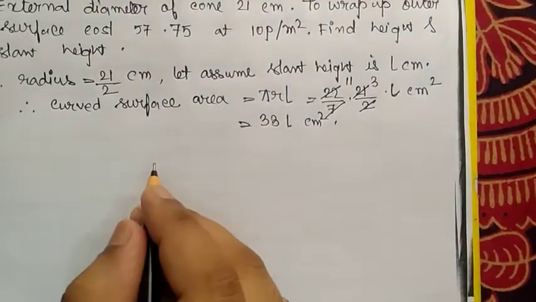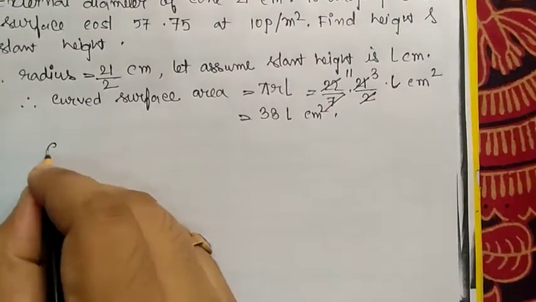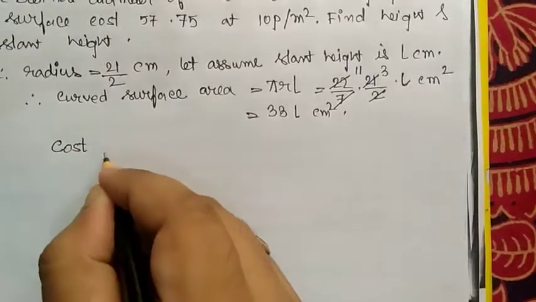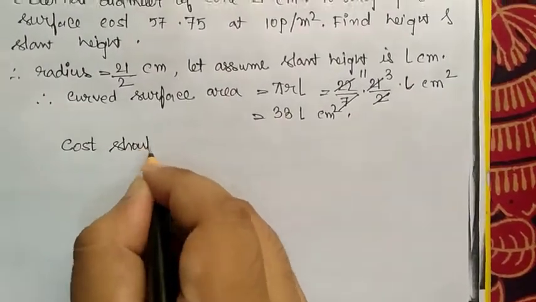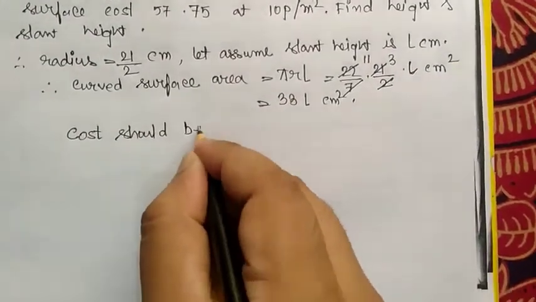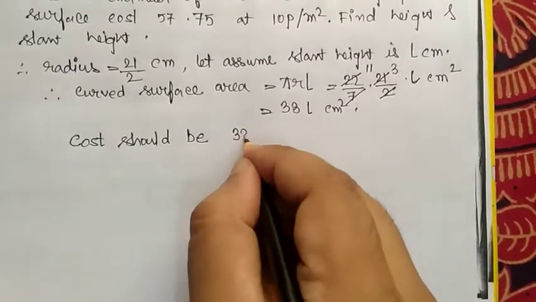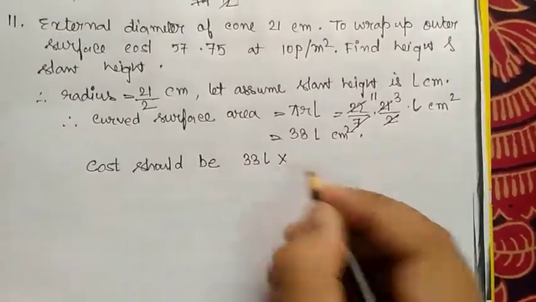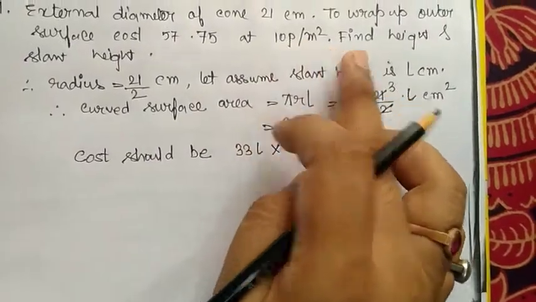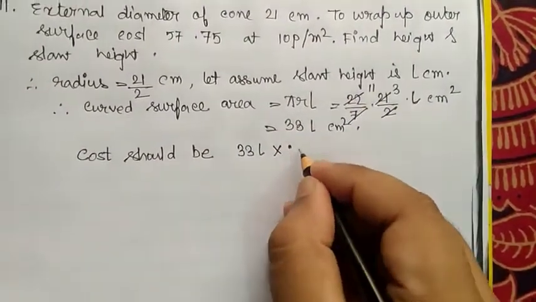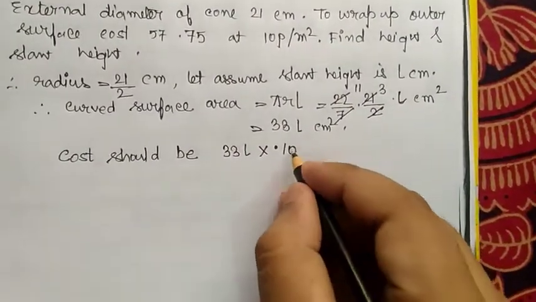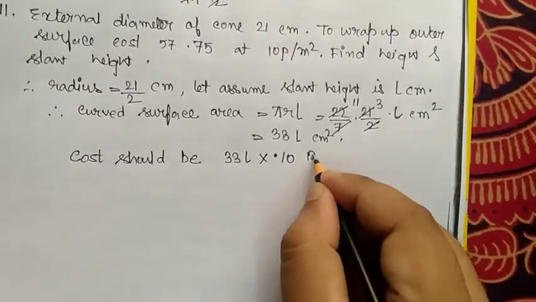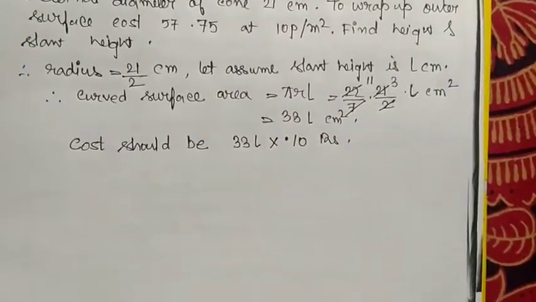So the cost should be 33L into 10 paisa per meter square. It means 0.10 rupees per meter square.